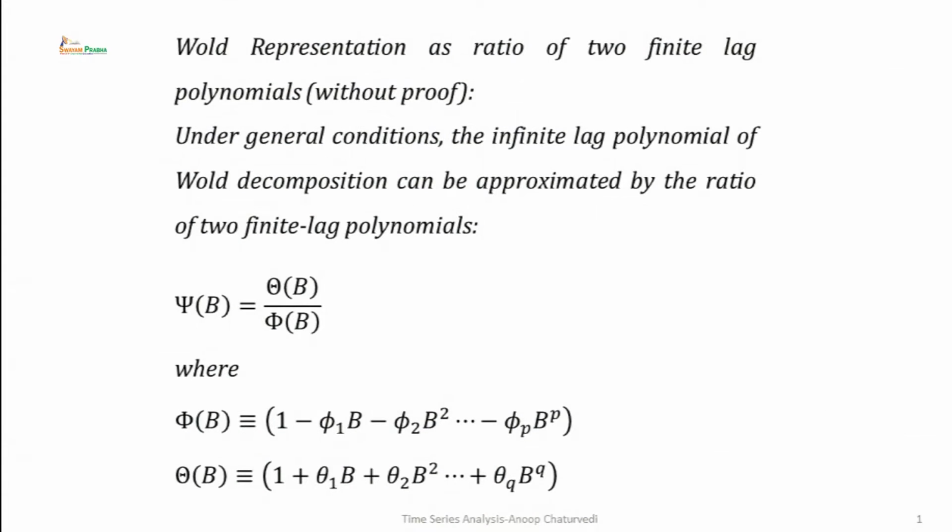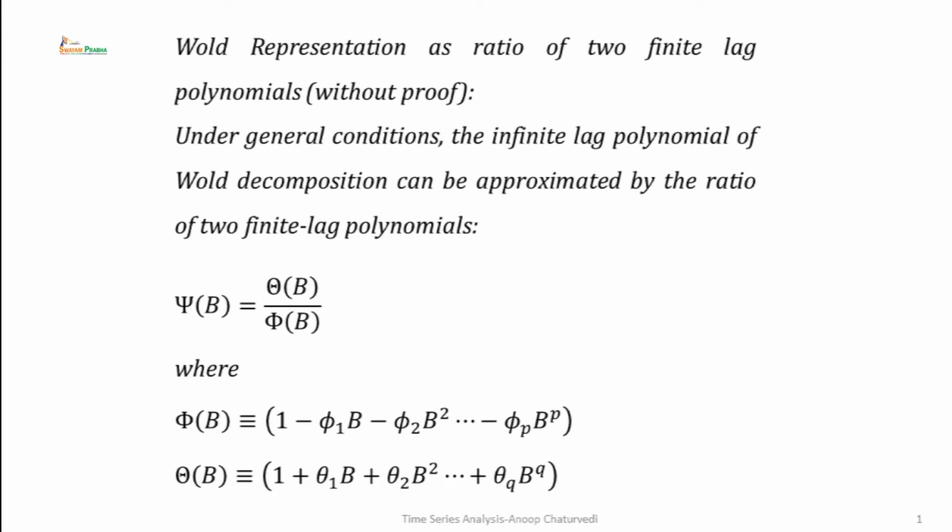Another form of Wold representation is as a ratio of two finite lag polynomials. Again, I am not discussing here the proof of this result. Under general conditions, the infinite lag polynomial of Wold decomposition can be approximated by the ratio of two finite lag polynomials.